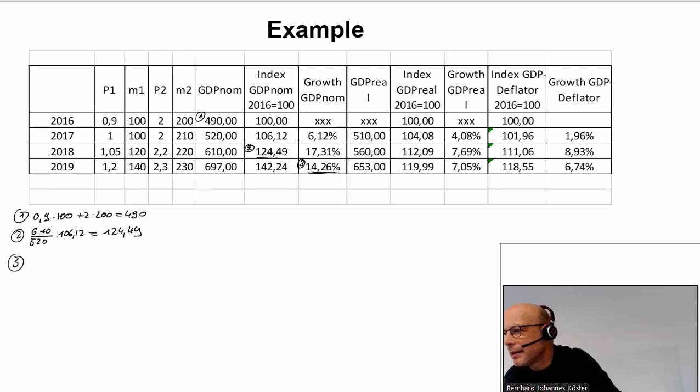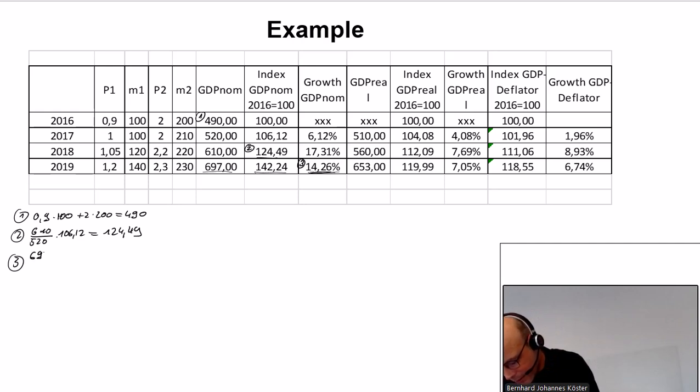How did we get it? This is also possible. We could use the index or we could use the other; both are possible. So, let's write down both possibilities.